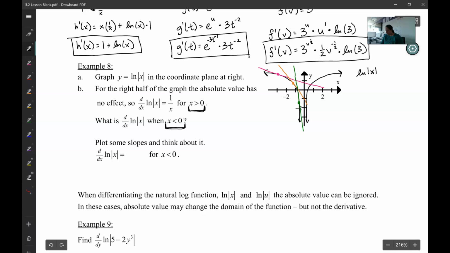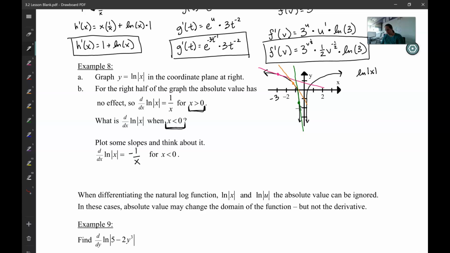So you would think that the derivative of ln of absolute value of x would be -1 over x. But it's actually not, because x is already negative. So let's look at an example right here. Let's say this is -3.